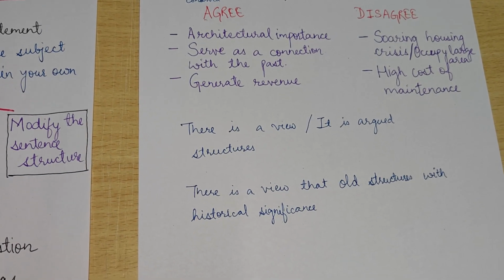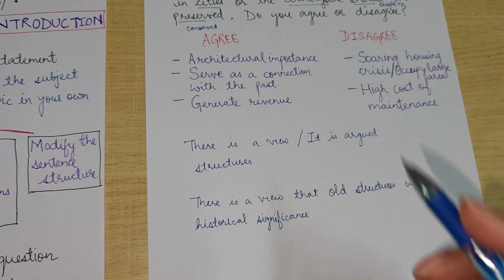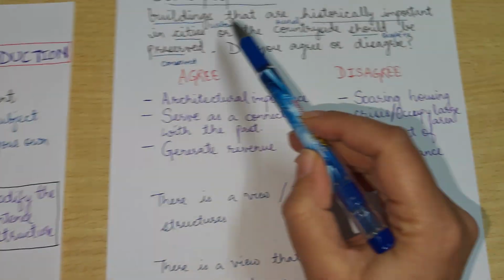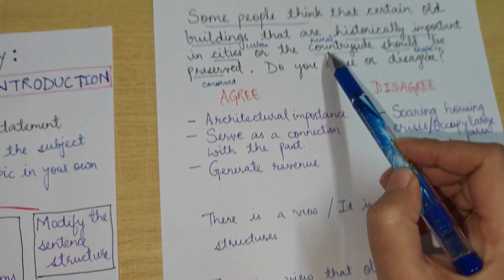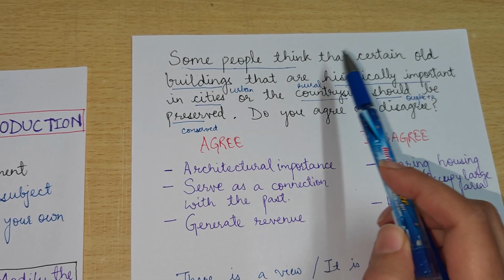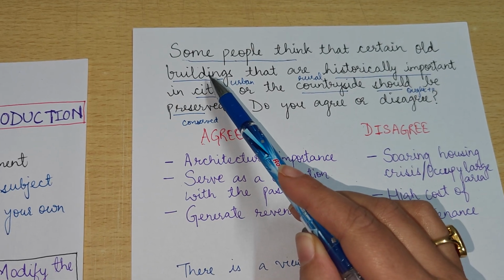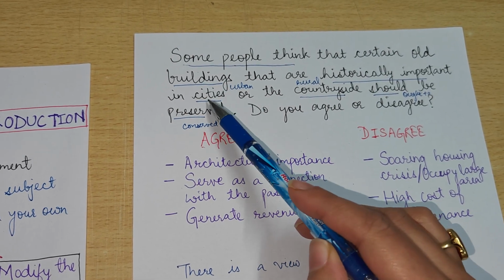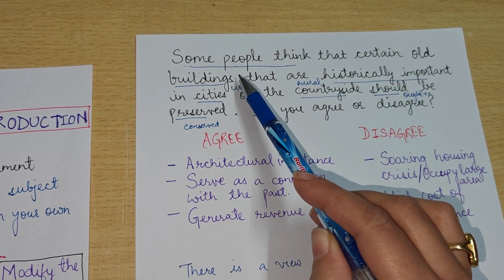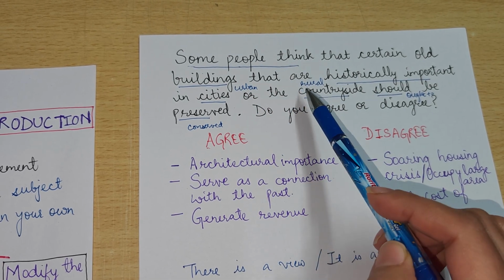In cities or urban or countryside. Like I said, you can also modify the sentence structure. So this part you can also write beforehand. You can also say there is a view that certain old structures in urban or rural areas. So that can come before, right? That is called modifying the sentence structure.